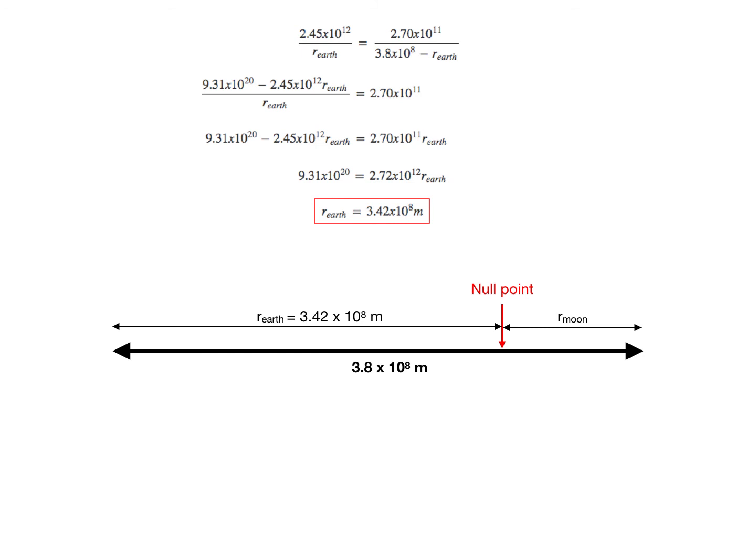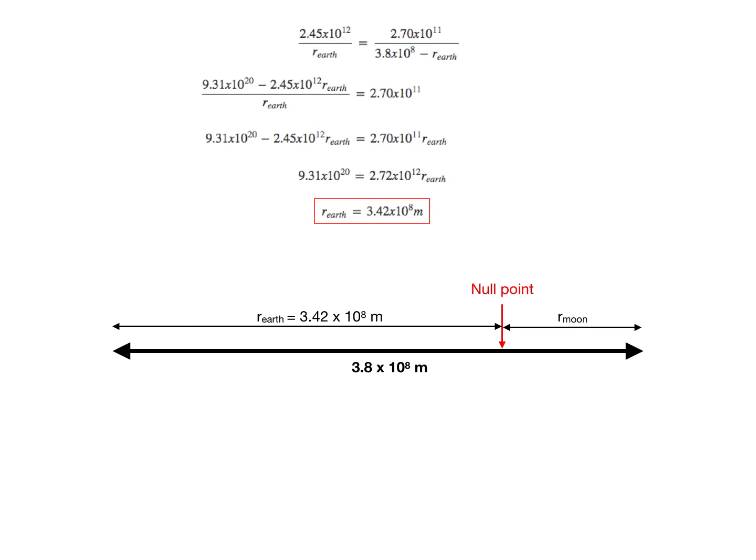And then I am left with 9.31 by 10 to the 20 minus 2.45 by 10 to the 12 r Earth equals 2.7 by 10 to the 11 r Earth. So let's add 2.45 by 10 to the 12 r Earth to both sides. We simplify it down to 9.31 by 10 to the 20 equals 2.72 by 10 to the 12 r Earth.